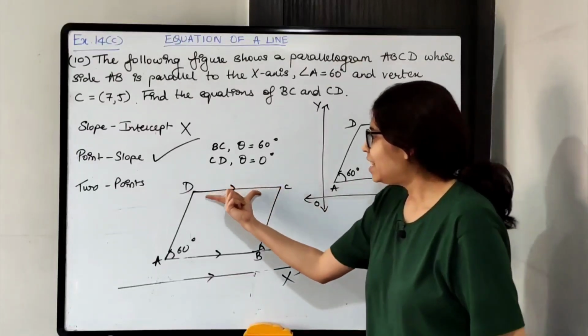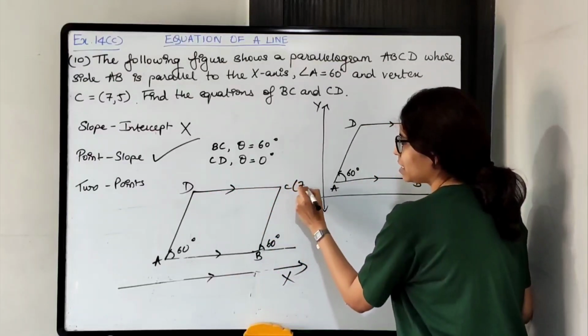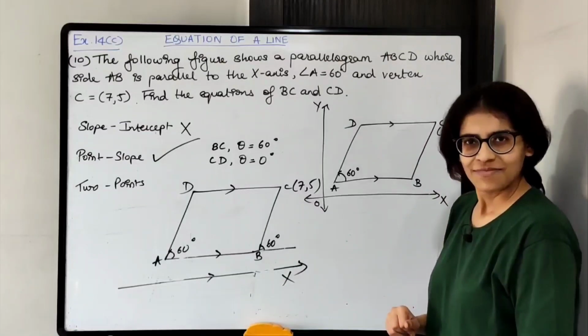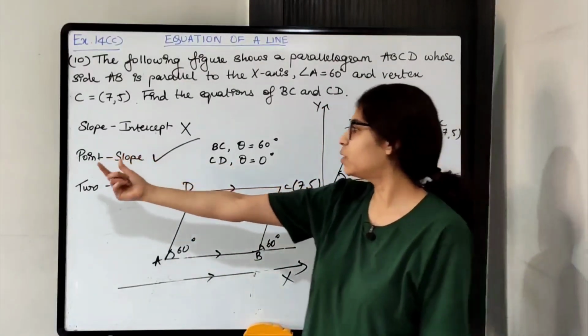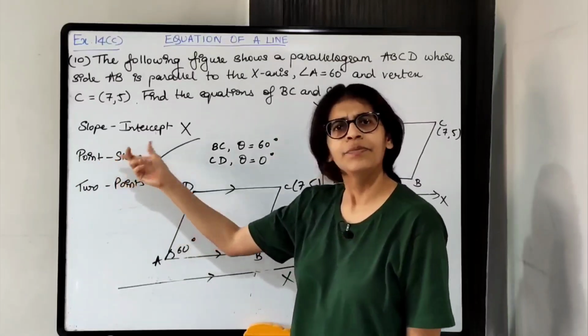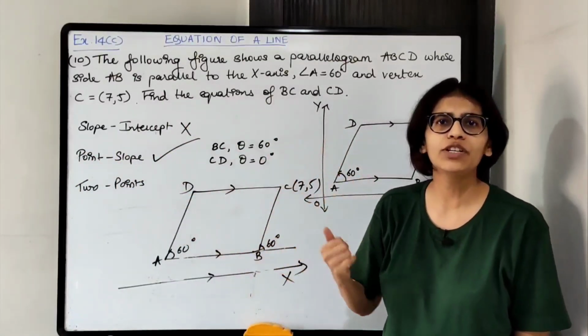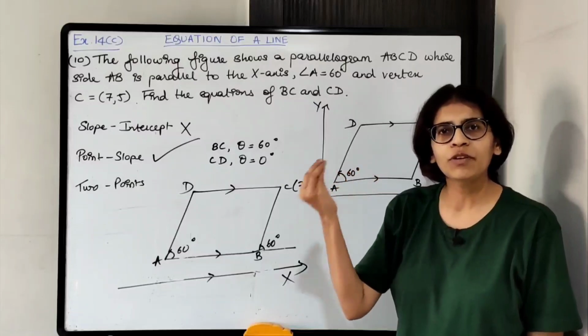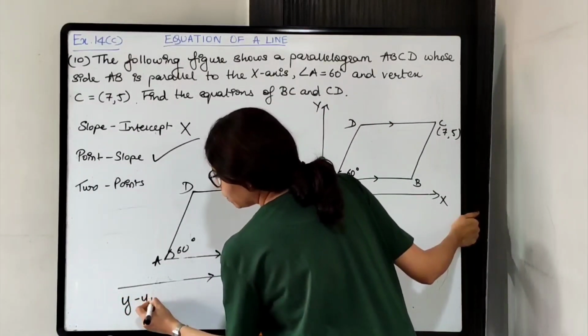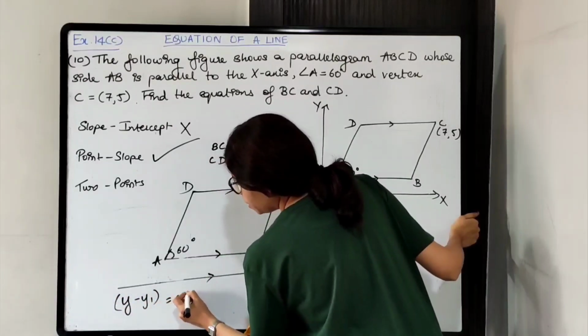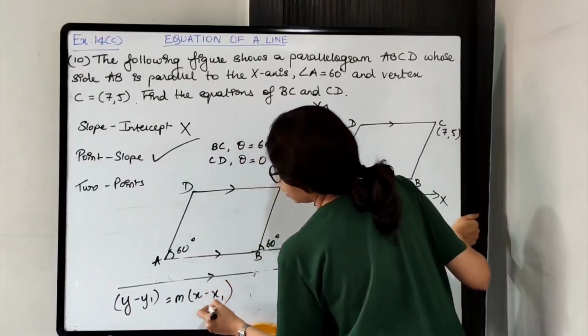And for CD again we know C का coordinates. Okay, so again we'll use point slope form. One point का coordinates पता है, slope पता है. Using that form you can find out the equation of the line. So point slope form में what will be the equation? It will be y minus y1 is equal to m into x minus x1.